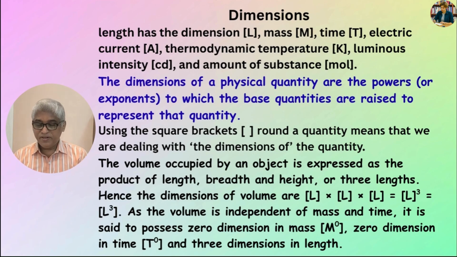As the volume is independent of mass and time, it is said to possess zero dimensions in mass and time. So only three dimensions in length. So sometimes M raised to 0, T raised to 0 and L raised to 3 is written, or simply L raised to 3. Now when we see many examples we will understand it better.